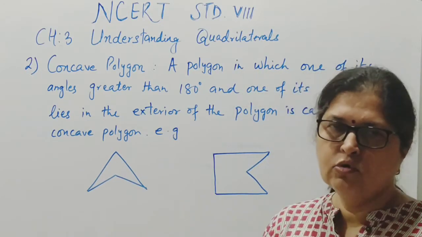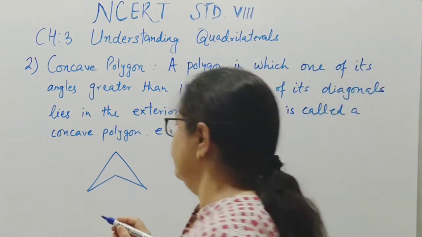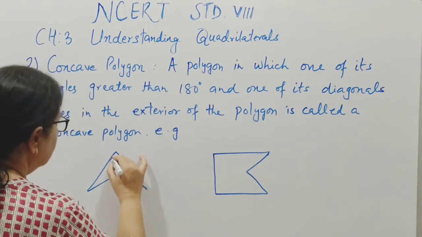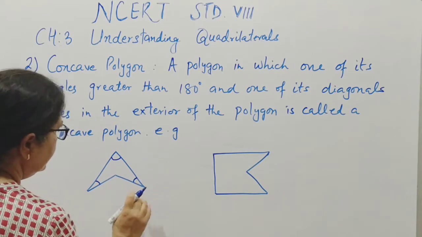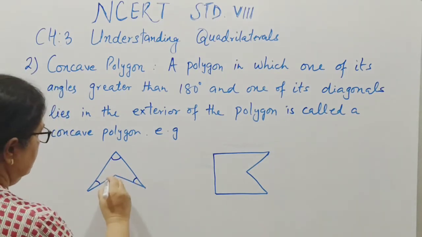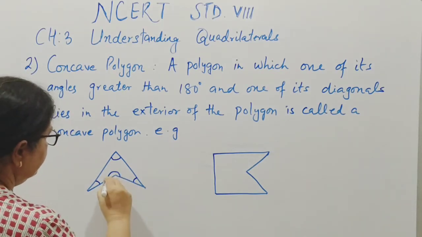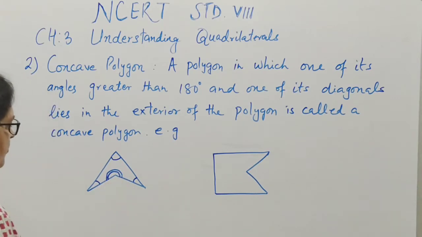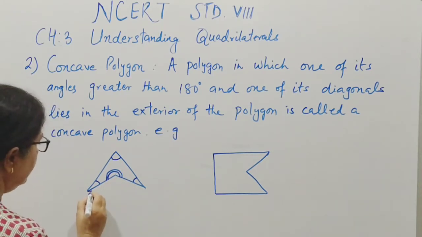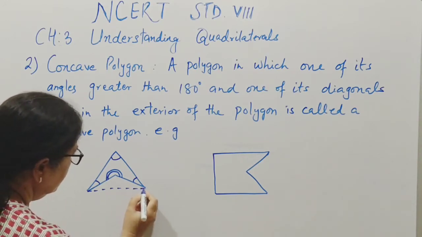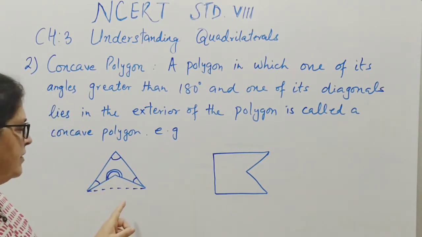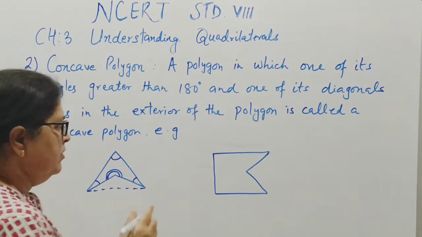Here we have two polygons. Let us check. Here in this polygon there are four angles. These three angles are less than 180 degree, but this angle is greater than 180 degree. And one of its diagonals is lying outside the polygon. Hence, this is a concave polygon.